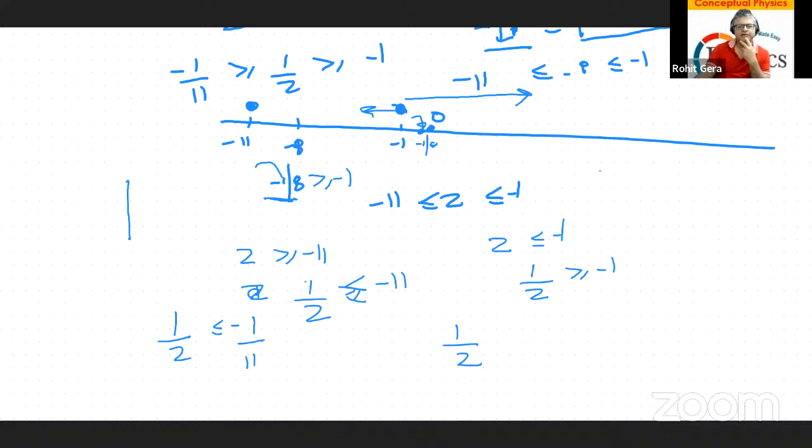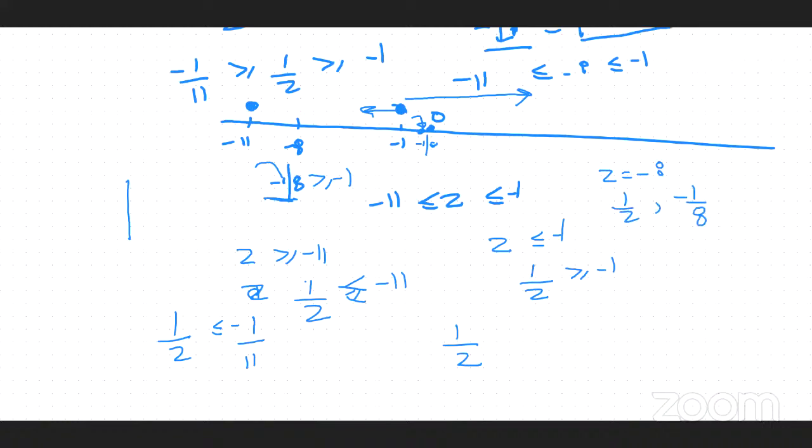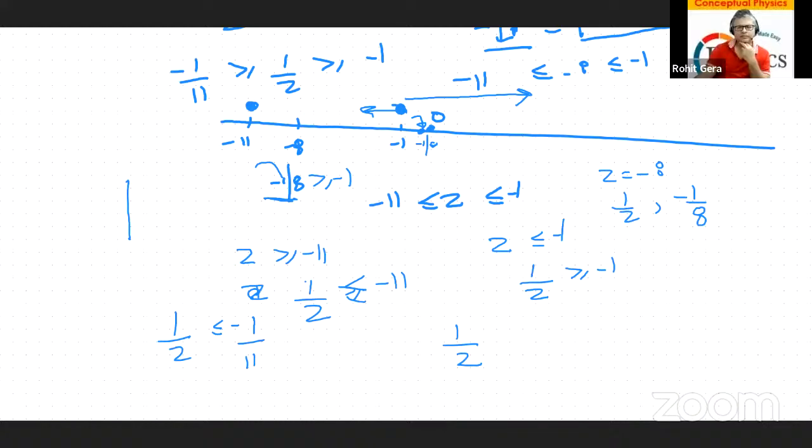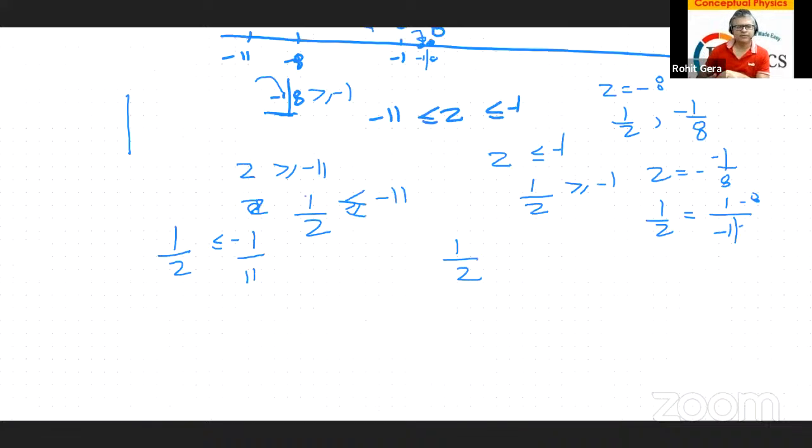if z is equal to -8, what is 1 by z? -1 by 8, right? Correct. Does the sign change on inversion? If z is equal to -8, then 1 by z will be equal to how much? 1 upon -8, no, the sign doesn't change, at least in equality it's not changing.